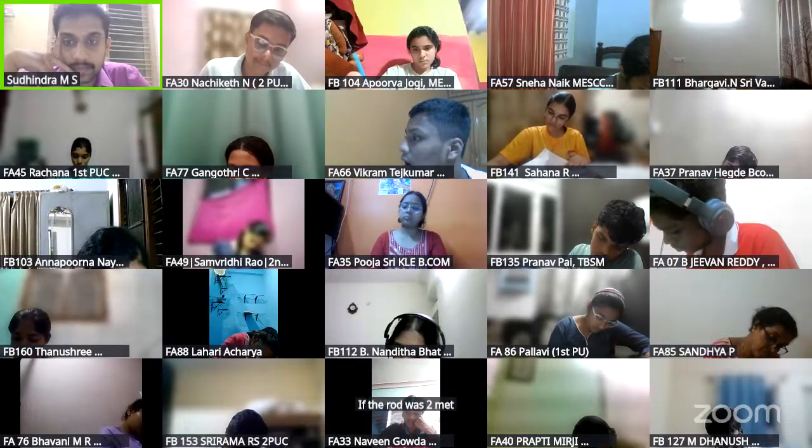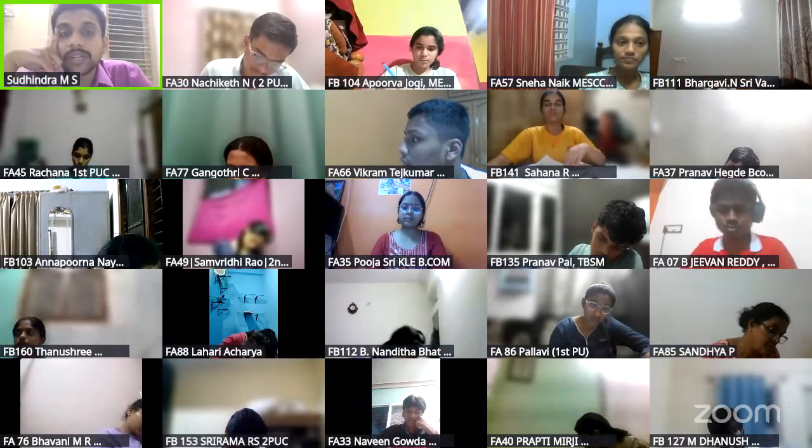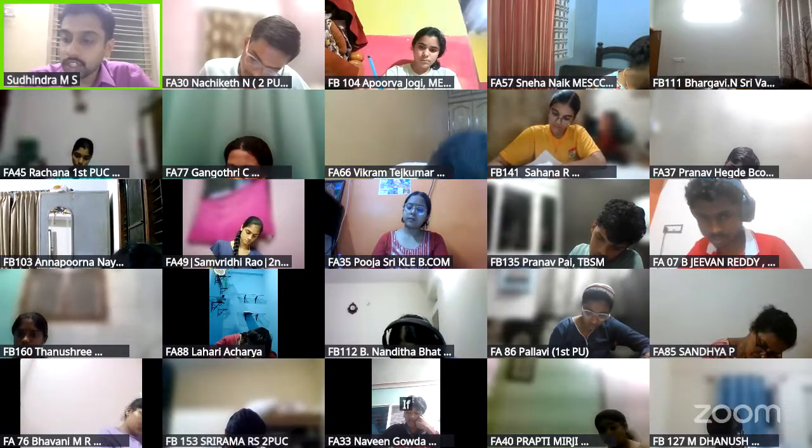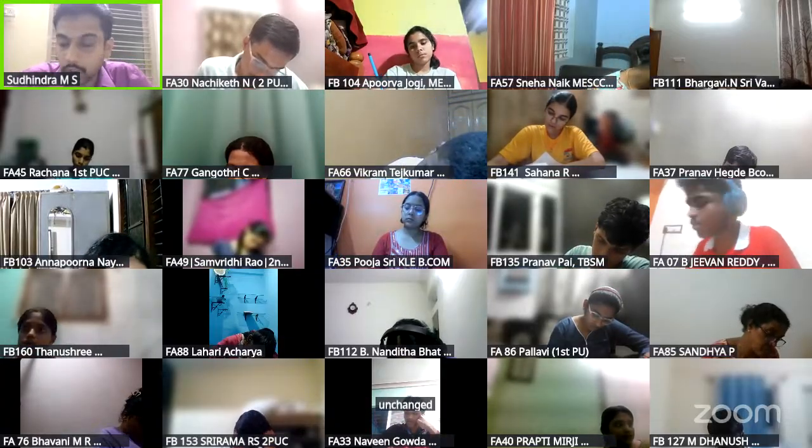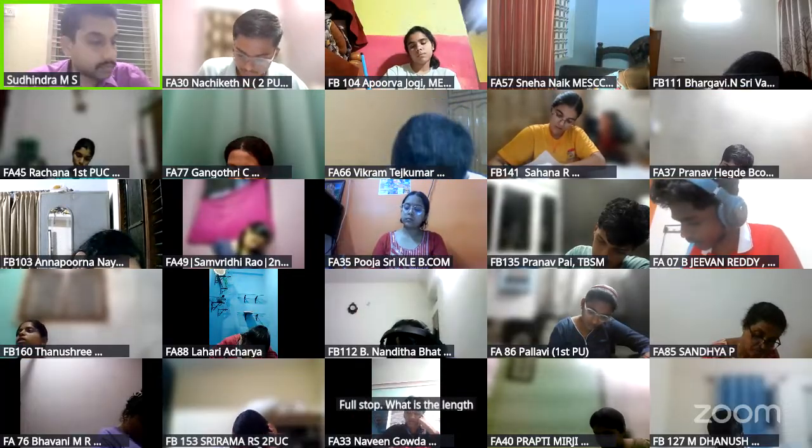If the rod was 2 meters shorter and each meter cost rupees 1 more, the cost would remain unchanged. What is the length of the rod?